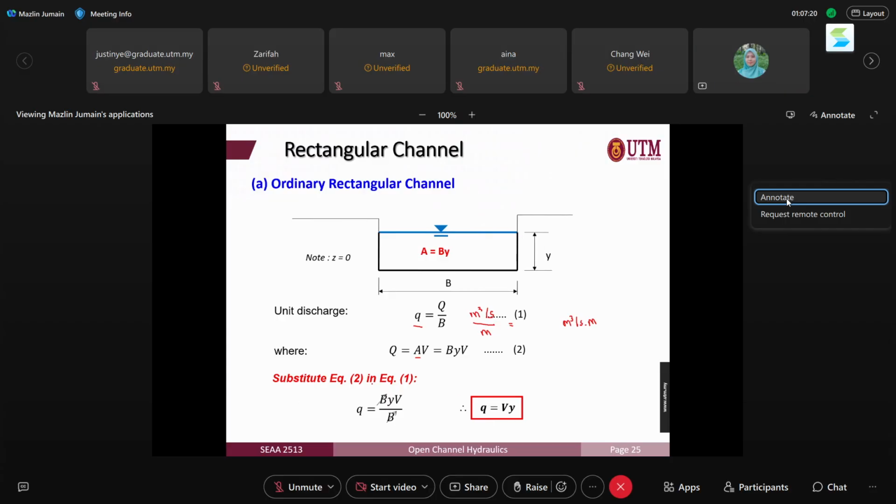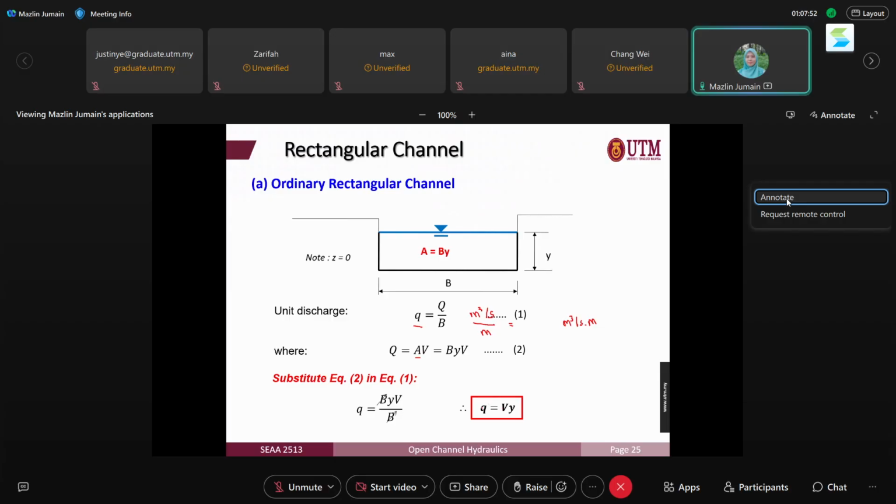And then this one, when substitute equation 2. The first one, unit discharge, we rename it as equation 1, and then the second one, rename it as equation 2. So we just substitute equation 2 into equation 1, and then you can simplify. You just cancel out the B, the bottom width, for the upper and lower part of the equation.